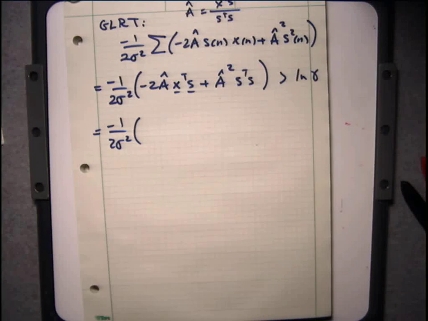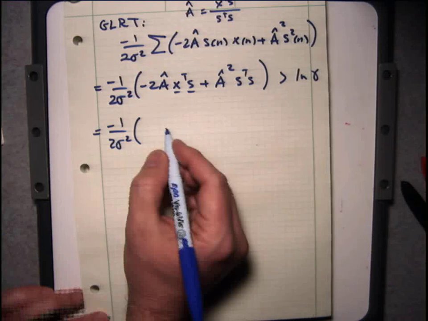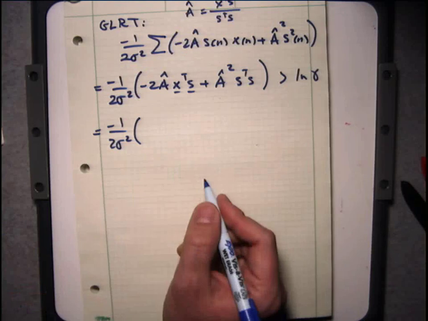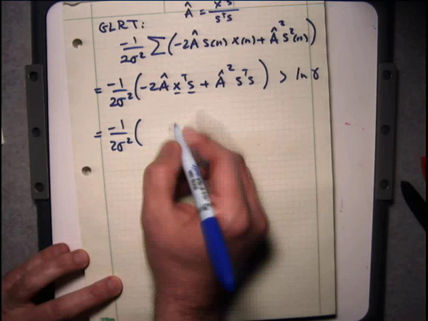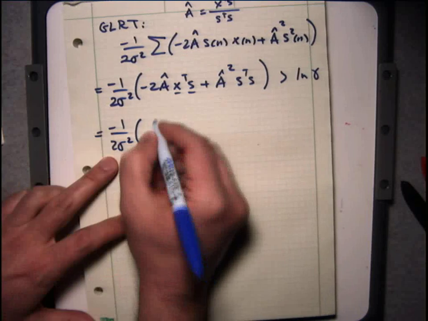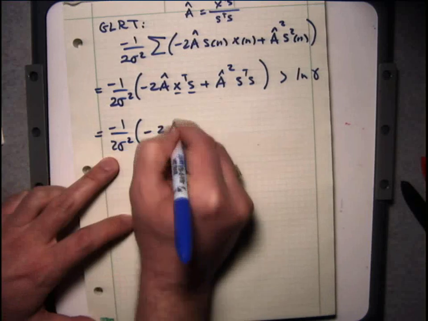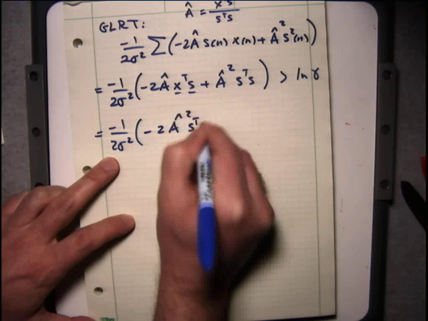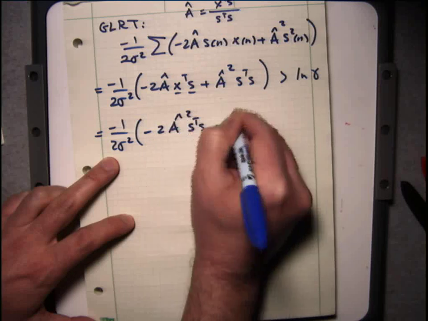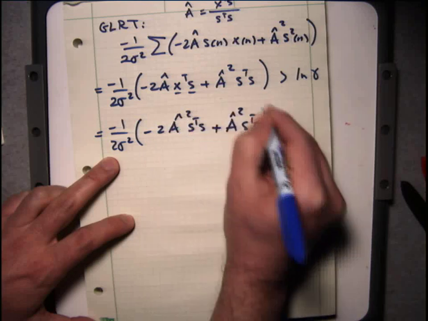Okay, so if we simplify all of this, what we get is minus 1 over 2 sigma squared, minus 2 A hat squared s transpose s plus A hat squared s transpose s.